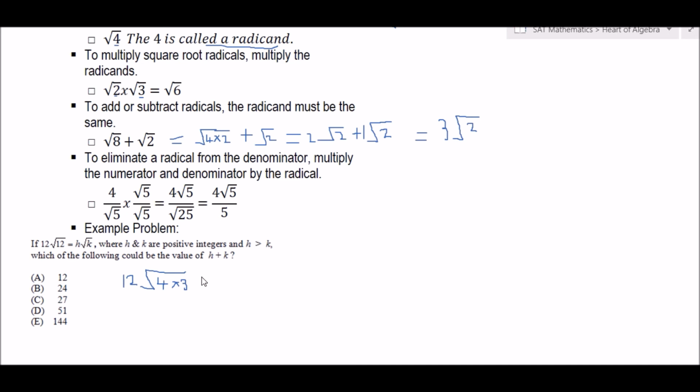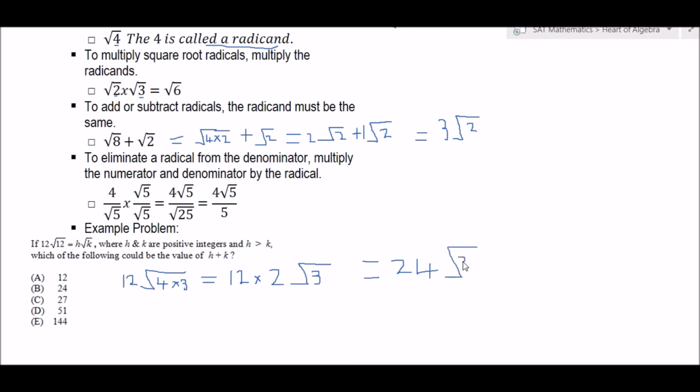And you can bring this 4 out because 2 times 2 is 4. So 12 times 2, then the square root of 3, that's the same as 24 root 3.